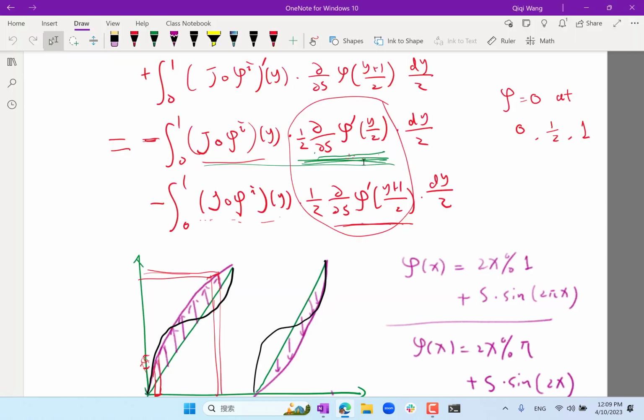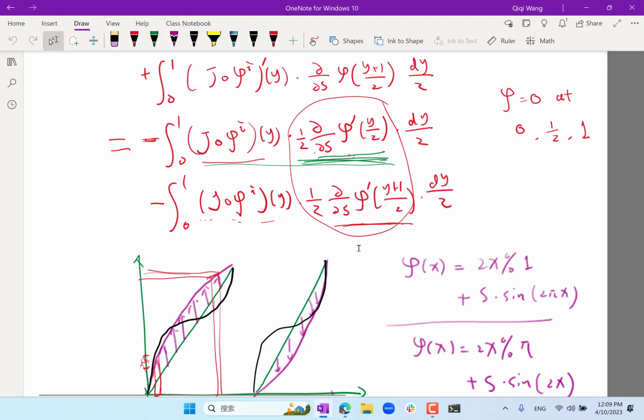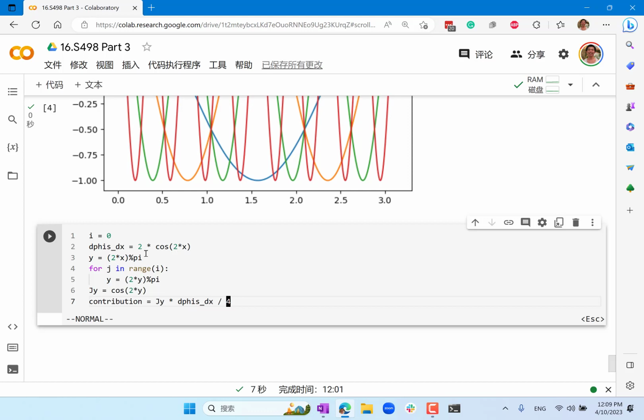So that's the left part of the contribution. And the right part of the contribution is exactly the same, but essentially for every y, half of the trajectories come from the left end, and half come from the right end.